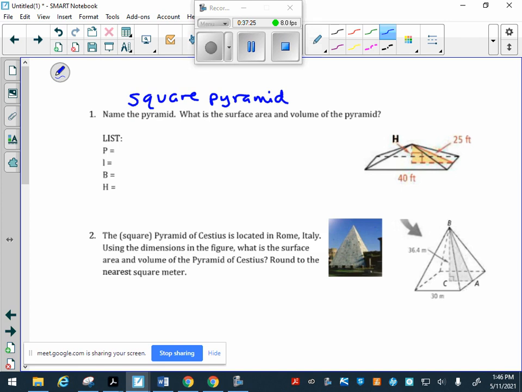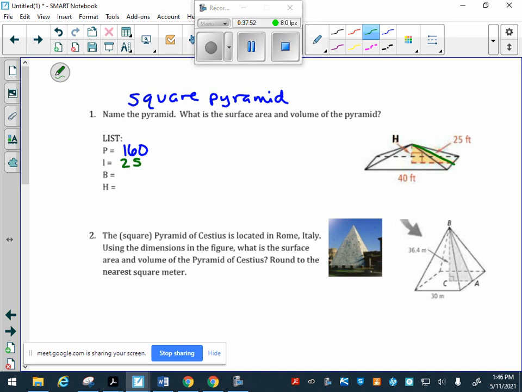And here's our list. Perimeter. Well, this side is 40 and all the sides are 40. That makes the perimeter 160. That lowercase l, slant height, is shown here. What is the slant height? 25. Good. This right here is the slant height. That's 25.